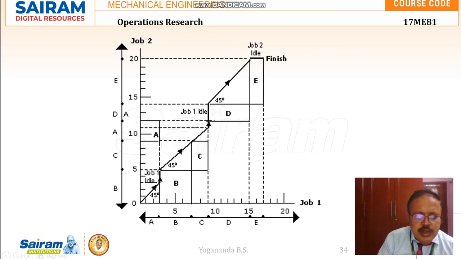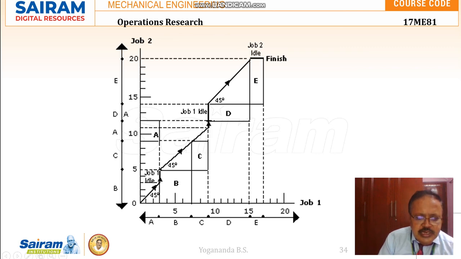If I move in the vertical direction alone, that indicates the progress of job 2. There is no progress of job 1. If we move at 45 degrees, that means there is equal progress of job 1 and job 2. So keep the protractor at 0 and draw an inclined line of 45 degrees.